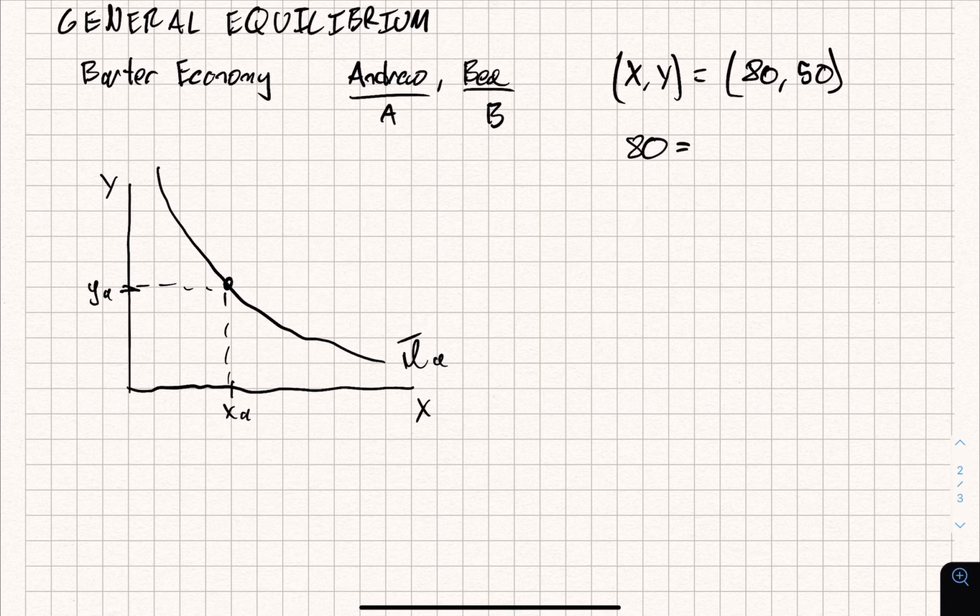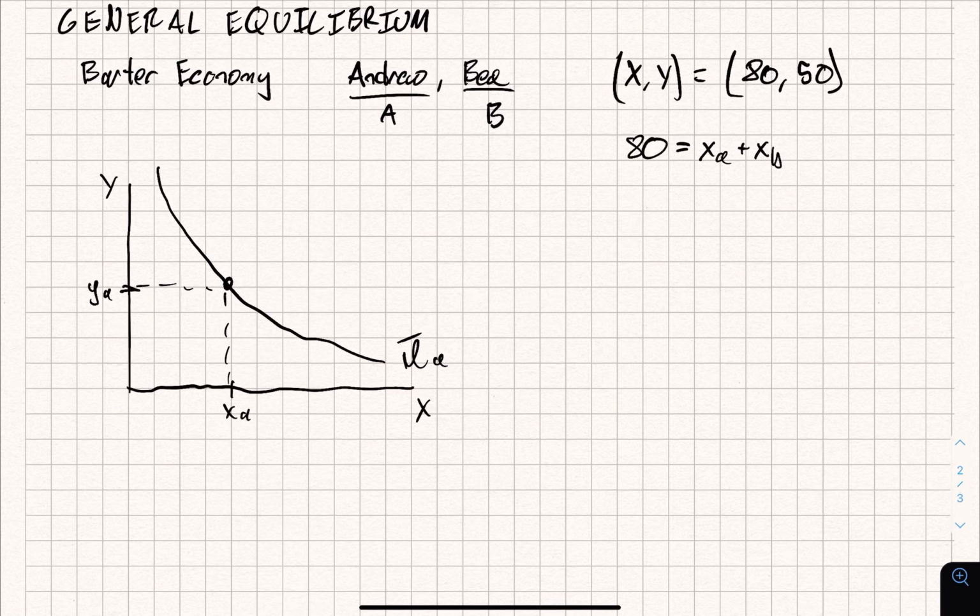It must be that the allocation to Andrew plus the allocation to Bea is no greater than 80. We're going to make a sort of a mathematical simplification here, and we're going to say these should be equal.